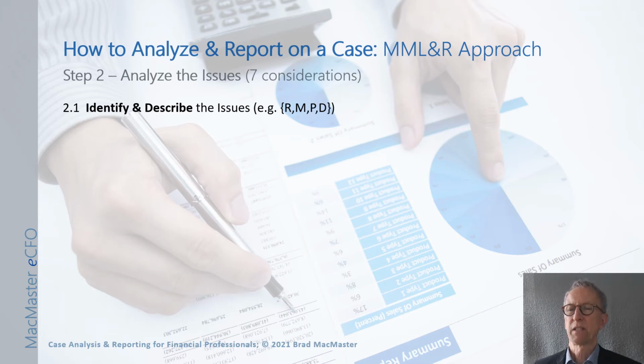And of course, the particular accounting issue might deal with more than one of these issues at a time. In the second consideration, it's important to prioritize or rank these issues by some degree of importance. Now, in the cases we analyze in intermediate accounting, you're really expected to analyze all issues.